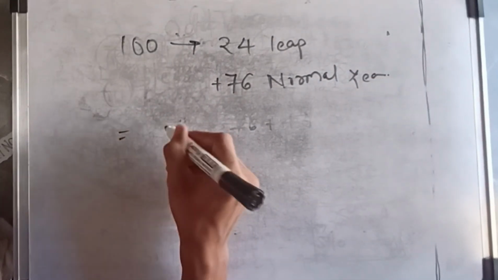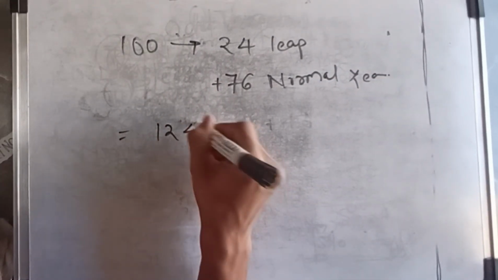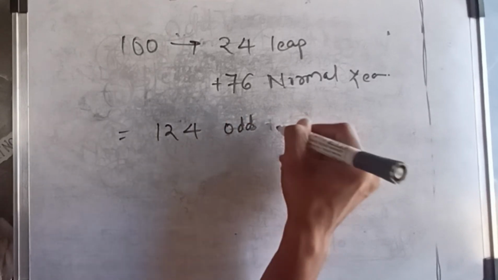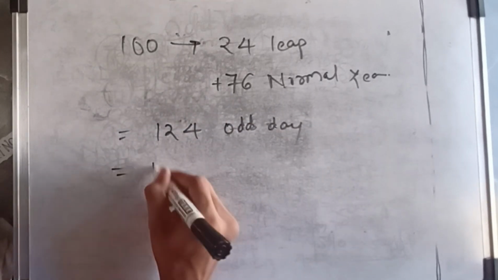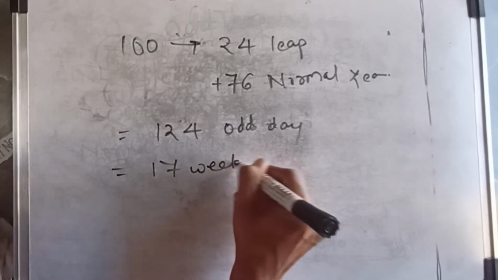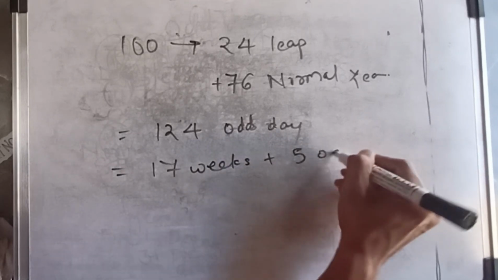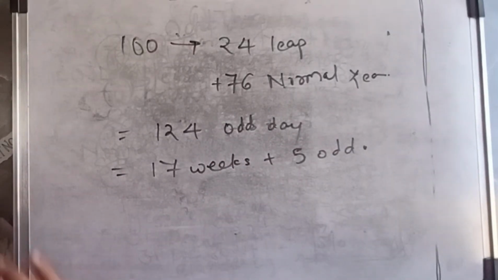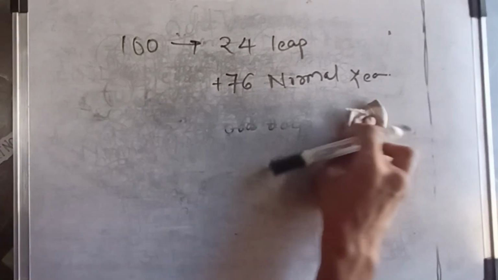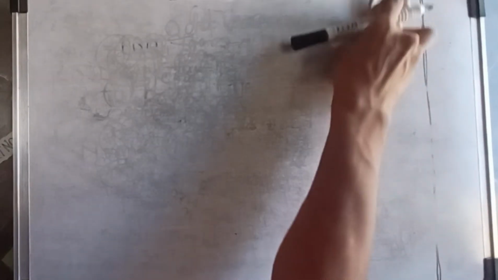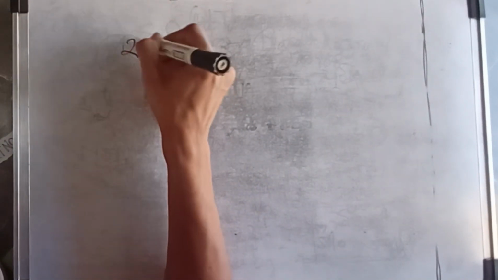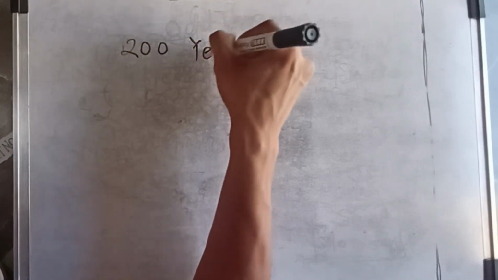So it makes it 124 odd days, which is 17 weeks and 5 odd days. So in every century, there are 5 odd days. Now we will use these 5 odd days for our next topic, that is 200 years or double century.